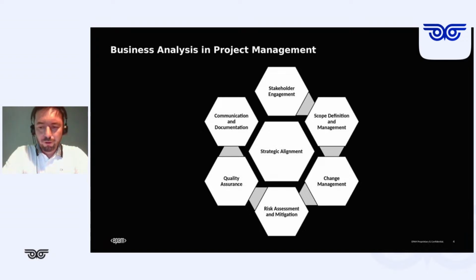This is kind of an overview, right? It's not the full set of the areas of project responsibilities and scope responsibilities that we could add here, but as we are time boxed, let's focus on the main ones. The first, maybe in the center, is strategic alignment.